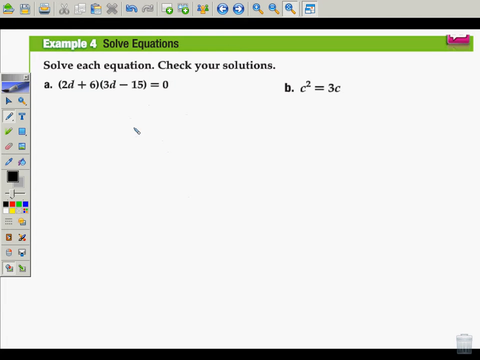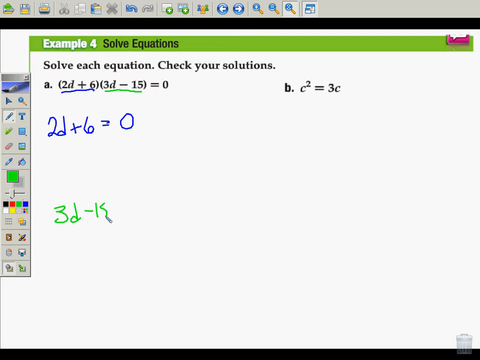So notice, this is factored, 2d plus 6 times the quantity of 3d minus 15. And notice, I'm multiplying these two pieces together, and they equal 0, which means either the blue piece is going to be 0, because 0 times whatever this green piece is would be 0, or the green piece is going to be 0.